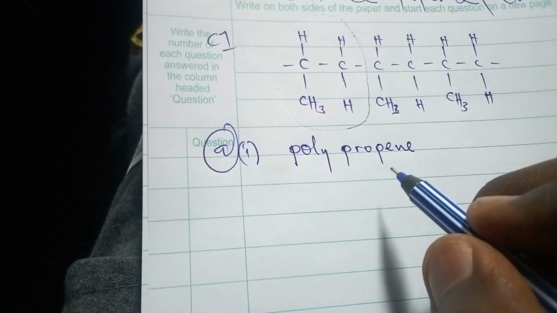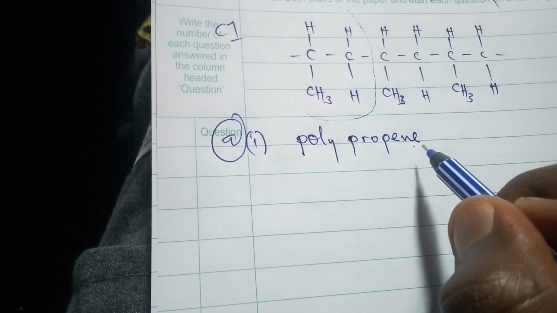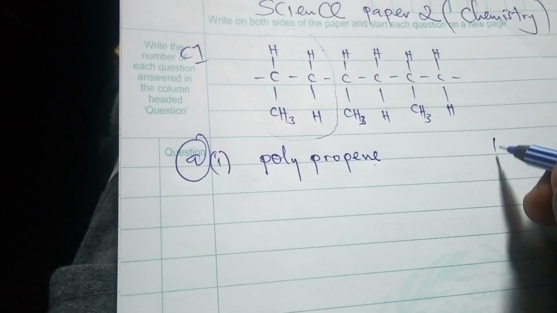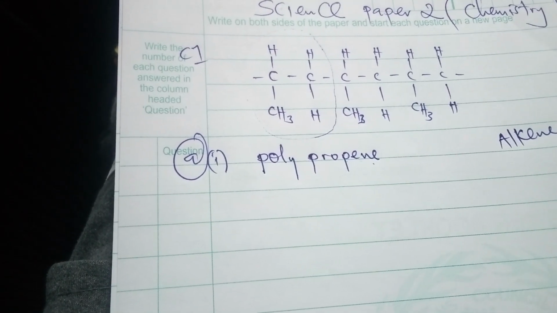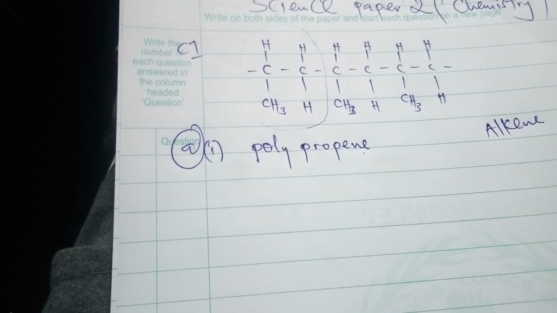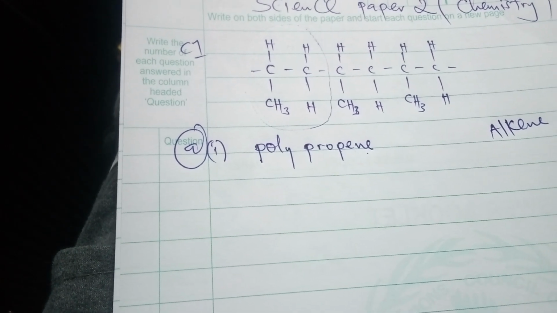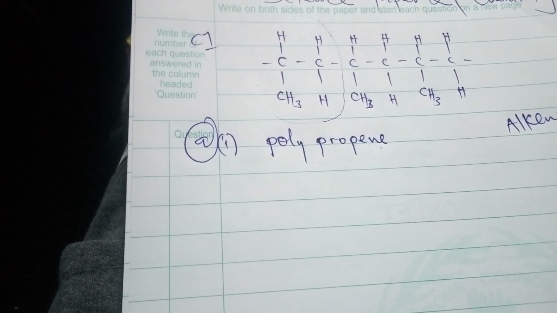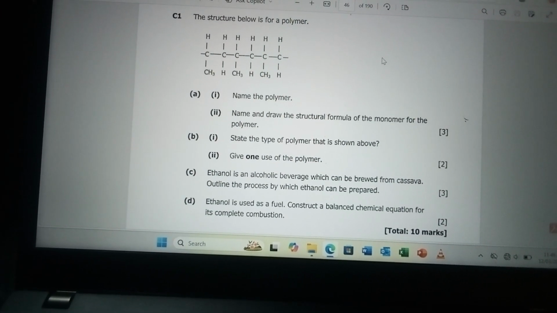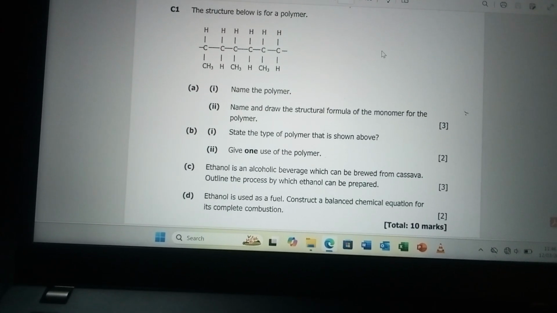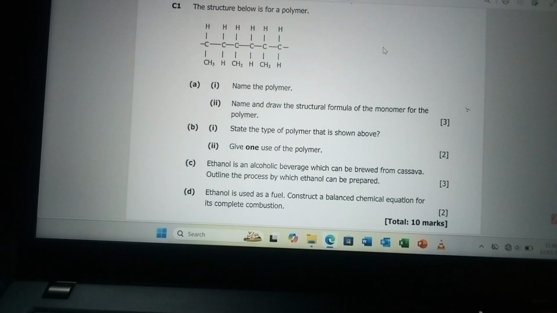The reason why I'm saying polypropene is because only alkene members undergo polymerization, and not alkanes. So we proceed to the second question, where they are saying name and draw the structural formula of the monomer of the polymer.